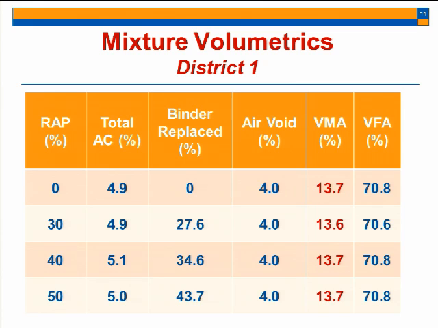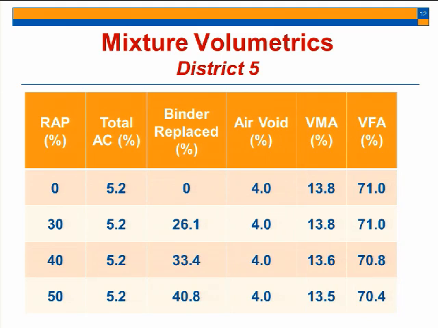So here we proved that it's just a matter of effort you put into it, and you can get all the volumetrics good enough. I would say that fractionation helped a lot in giving us control over the gradation, which helped us have a good control on these volumetrics.